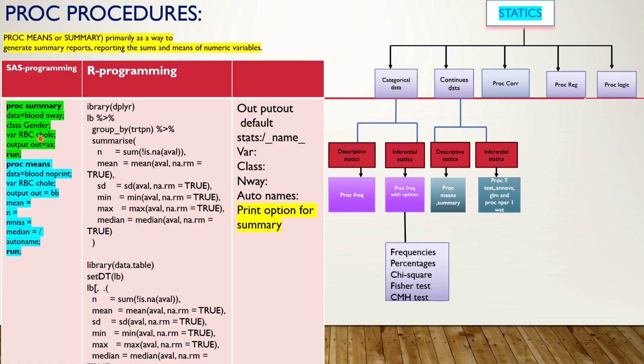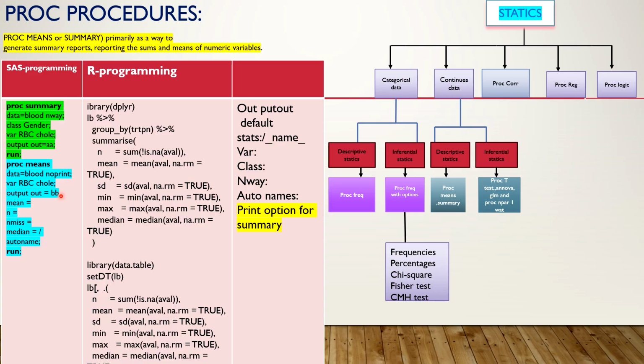If you run either proc summary or proc means for numeric variables, by default you get n, min, max, mean, standard deviation. If you don't mention anything, you get the default descriptive statistics for all numeric variables.